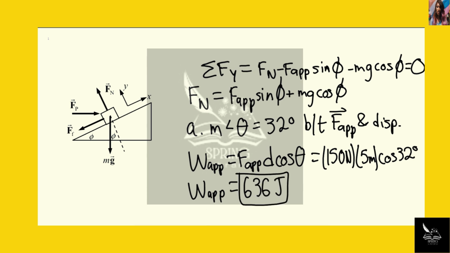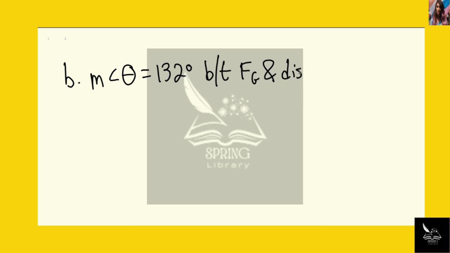And then for part B, they want us to find the work done by gravity. The measure of the angle equals 132 degrees between the force of gravity and the displacement.